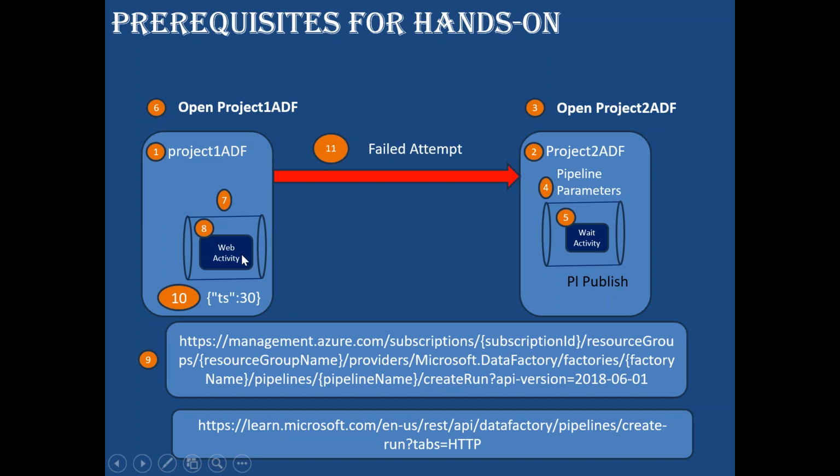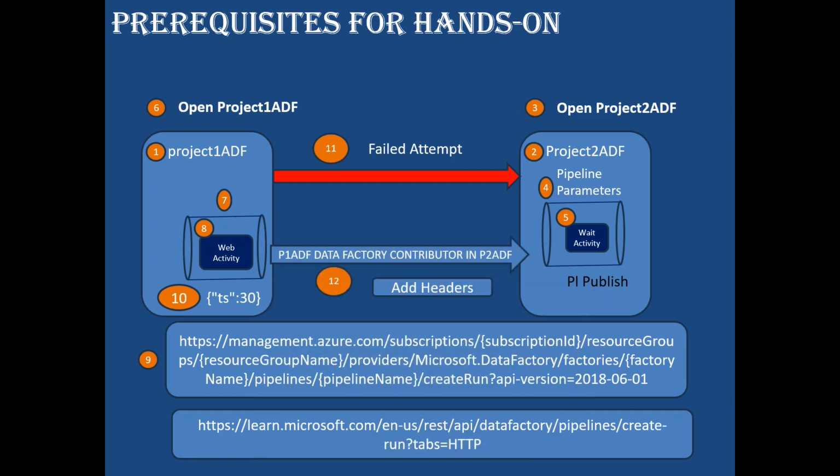Now I'll start running the pipeline, but it is a failed attempt because it will fail. Why will it fail? Because project2 ADF cannot recognize the project1 ADF. So we need to fix this by adding the project1 ADF in the project2 ADF by giving the data factory contributor access. Then we need to use management.azure.com as the header.